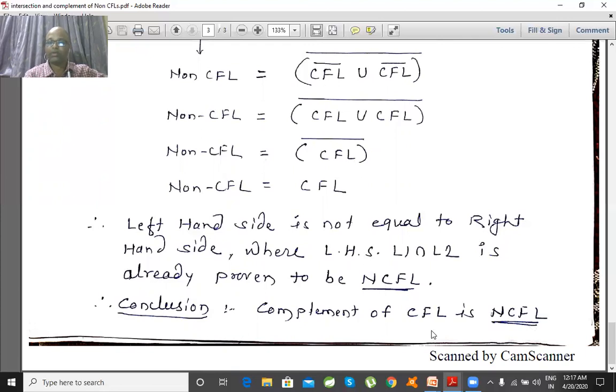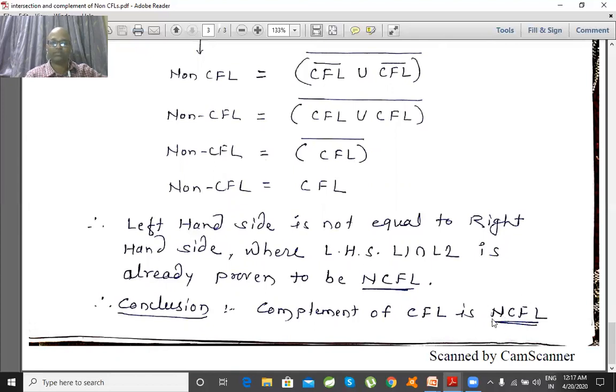If we have an L1 which is already context free and I take its complement, we won't get a context free language. It may not be context free; it might be something else, or it can be a non-context free language.